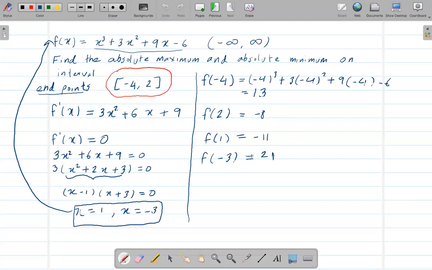Okay, so the largest value we have here is f of negative 3, so this is the absolute maximum. And the smallest number we have here is negative 11, so negative 11 is the absolute minimum.